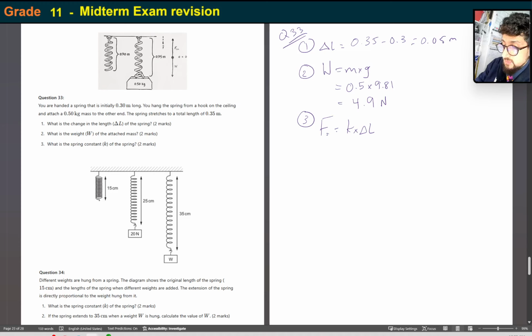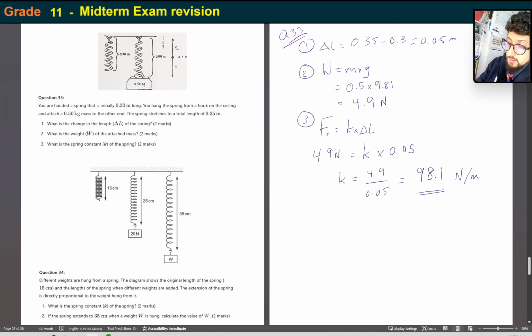Now we know that the spring force is going to be equal to 4.9 newtons because that's what's pulling the spring, and that equals k multiplied by 0.05 because that's the stretch, right? So k is going to equal 4.9 all over 0.05, which is very close to 100, which is 98.1. And of course, newtons per meter.